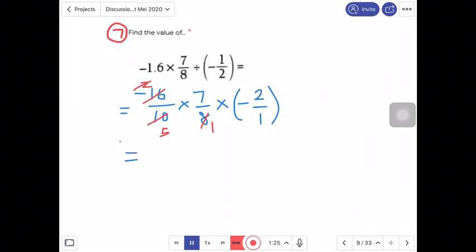You have negative sign here, multiply, divide, negative. Okay, so negative and negative. Therefore, your final answer must be positive. So negative 1 multiply 7 multiply negative 2 becomes 14 over 5. Is it correct?